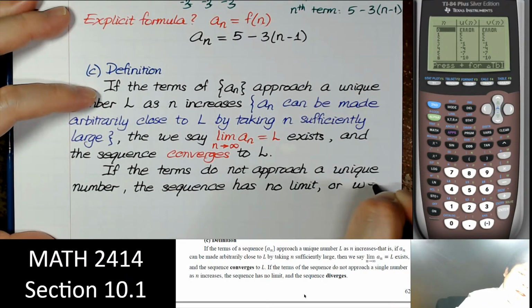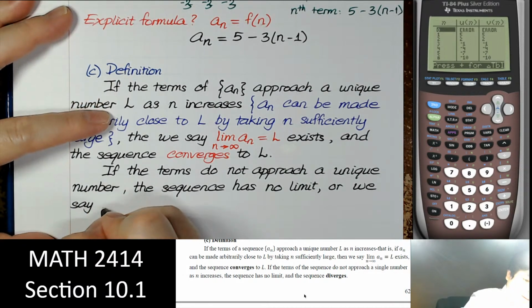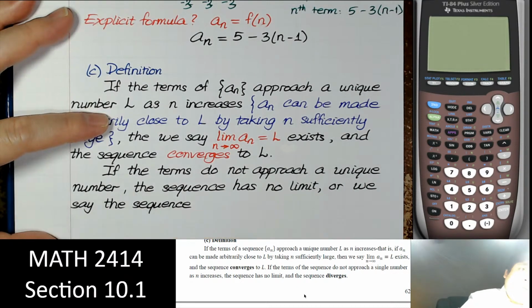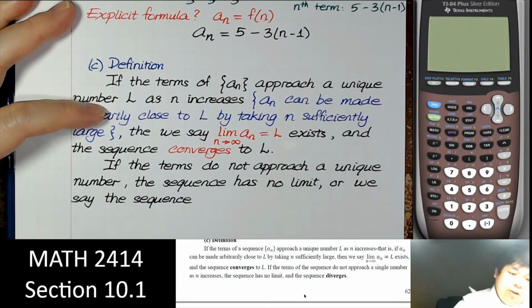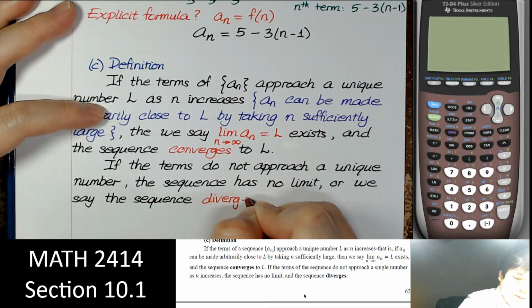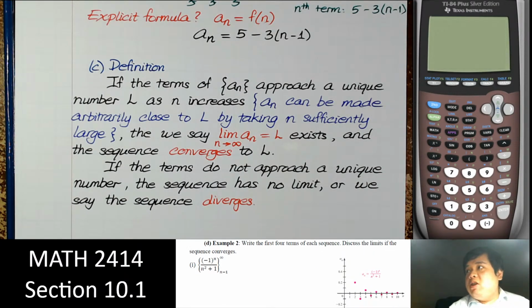Or we say the sequence diverges. Right. So in a sense, if there's a limit, converges. If there's no limit, diverges.